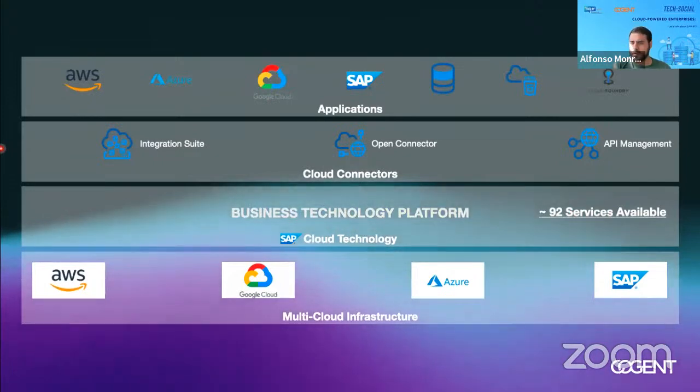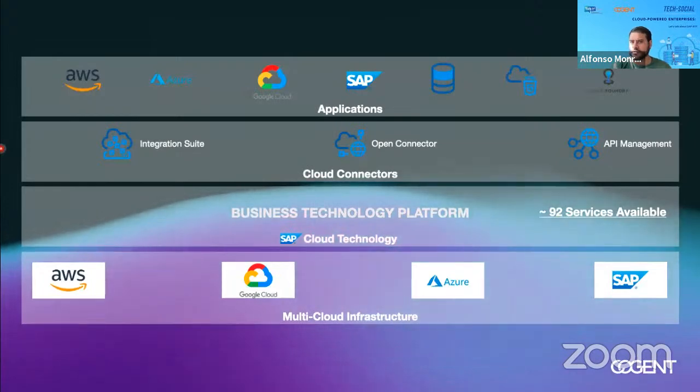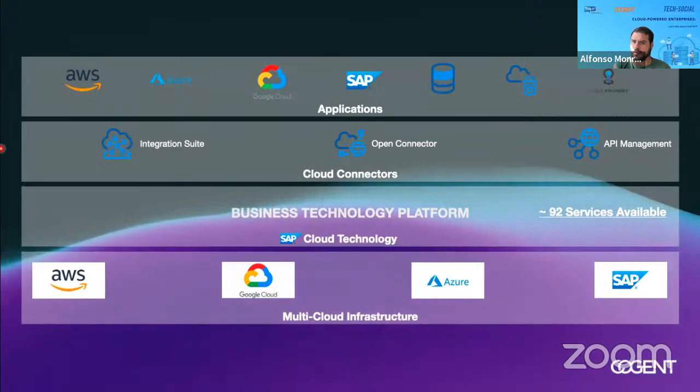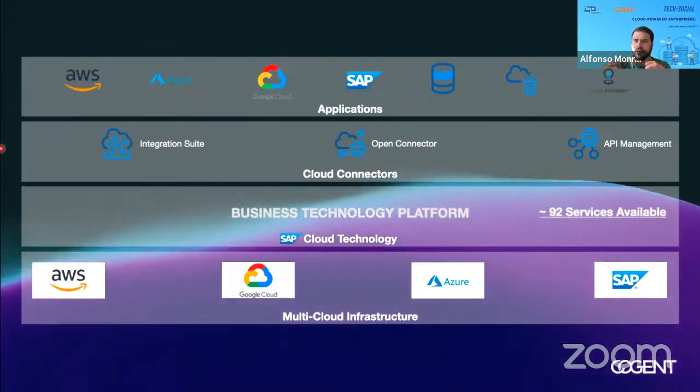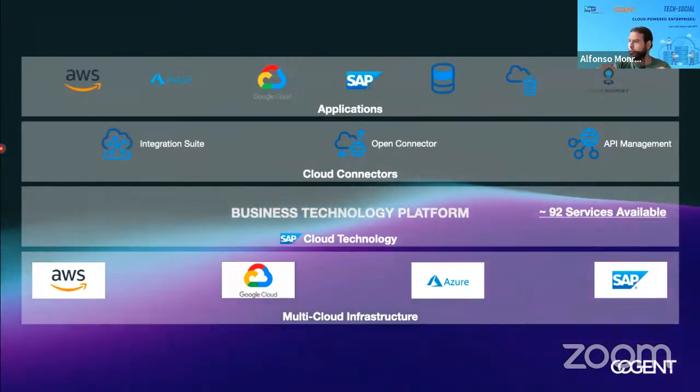Sure. Okay, so just to recap, we have the infrastructure using hyperscaler or SAP data centers. Then we have the SAP cloud technology, that is the Business Technology Platform, or BTP.